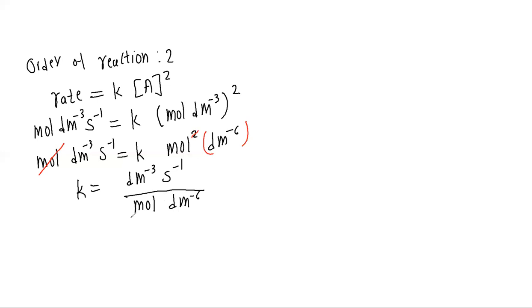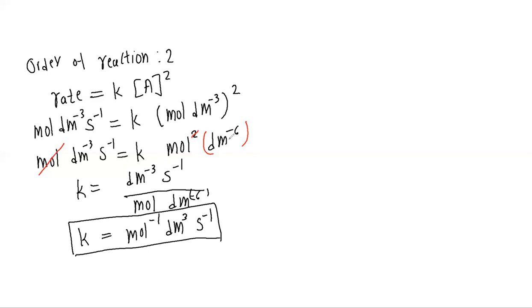So what you rightly guess, it would be moles raised to minus 1. This minus 6 will come into the numerator. You are quite familiar with the indices, simple, and this stays like this. So this is going to be the rate constant dimensions. Okay, simple, extremely simple. We are just playing with simple numbers.